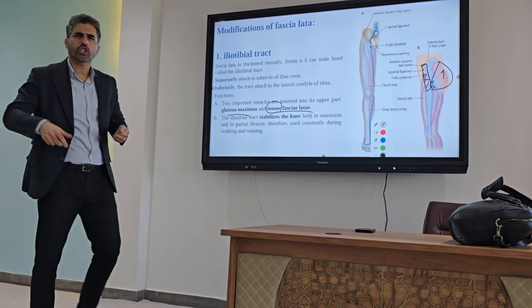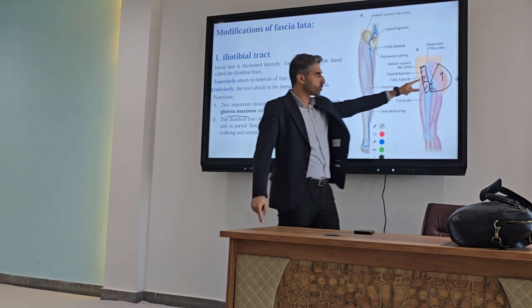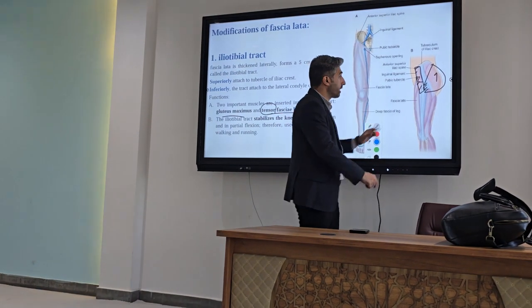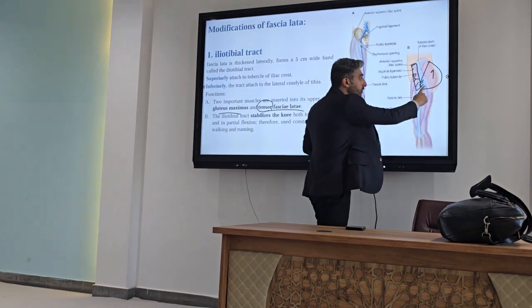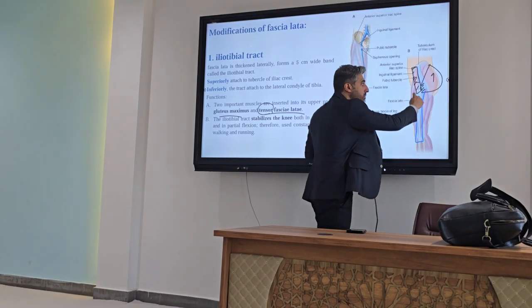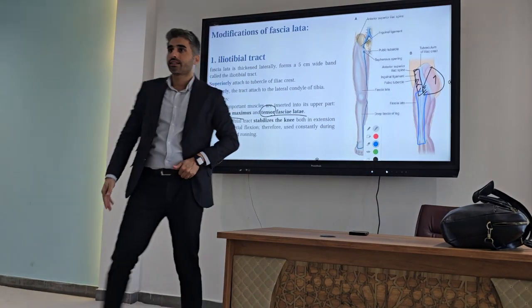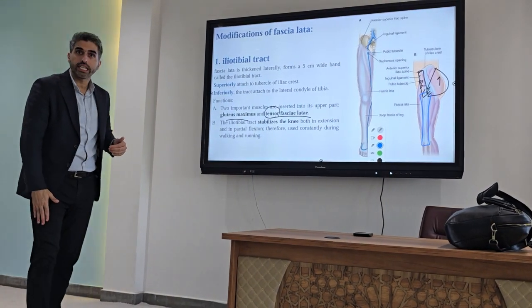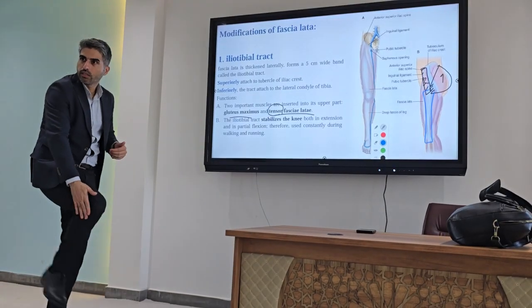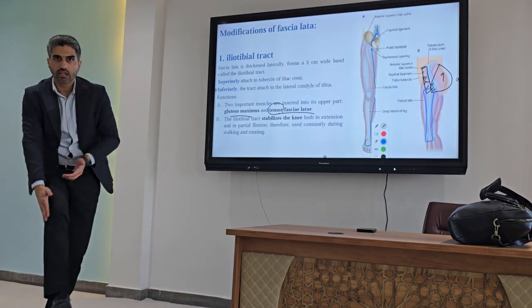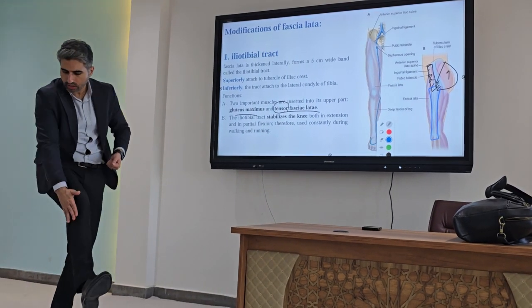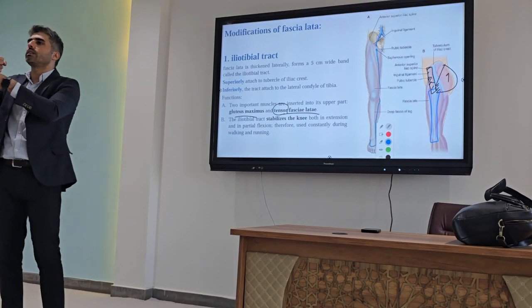So what is the function of these two muscles, gluteus maximus and tensor fascia lata, and why do they attach to the iliotibial tract? When you extend your knee, this tract supports the lateral side of the knee. What does it mean?